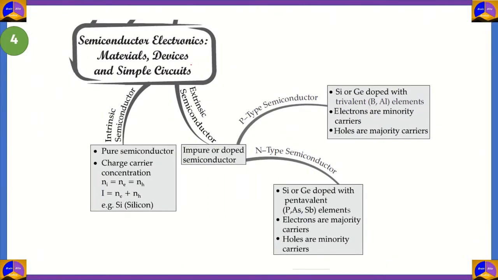A semiconductor is a device which is used for controlling electron flow, and it is usually made with group 14 elements, such as silicon, germanium, etc., in order to make these kinds of conducting devices.